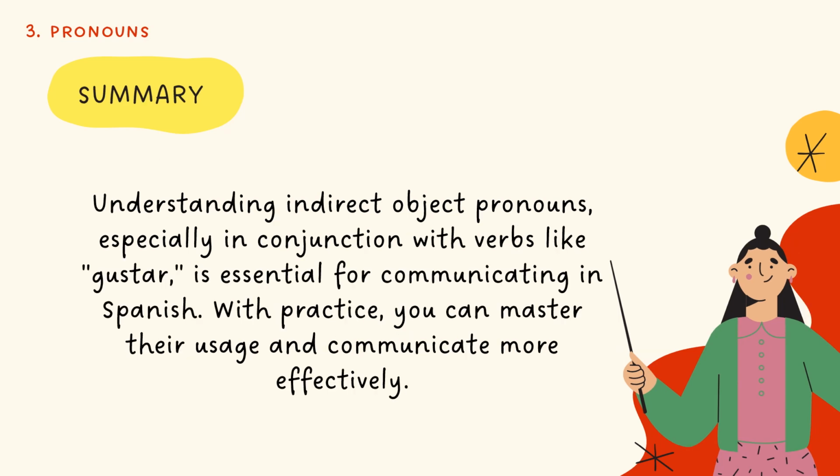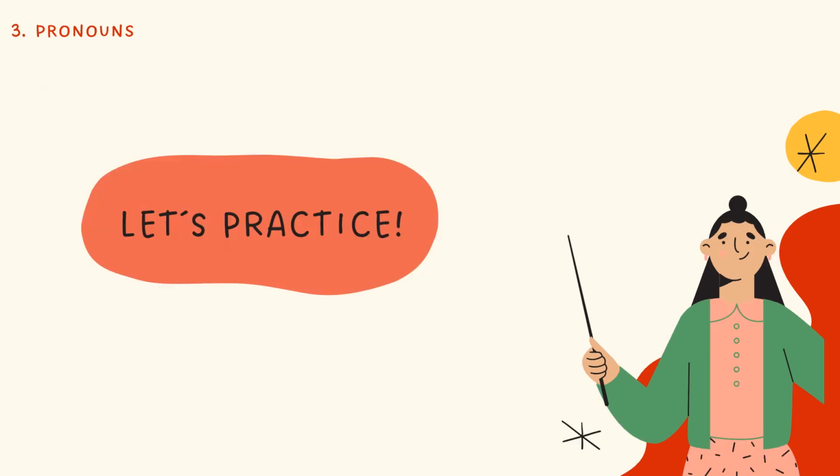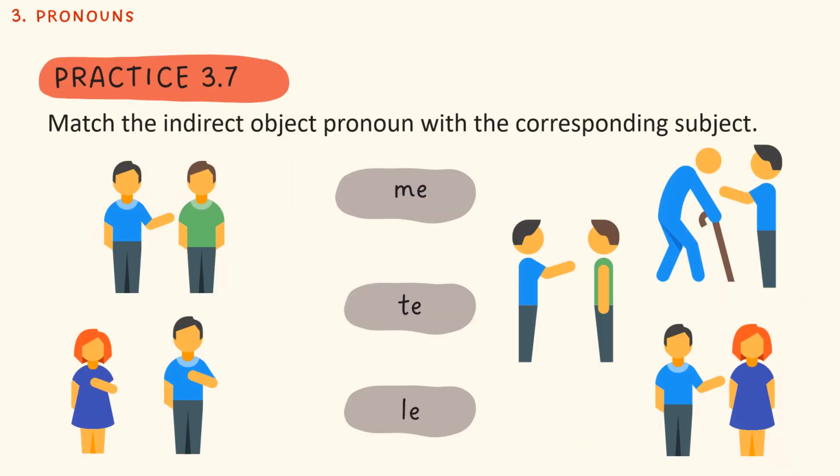Understanding indirect object pronouns, especially in conjunction with verbs like gustar, is essential for communicating in Spanish. With practice, you can master their usage and communicate more effectively. Let's practice. Practice 3.7.